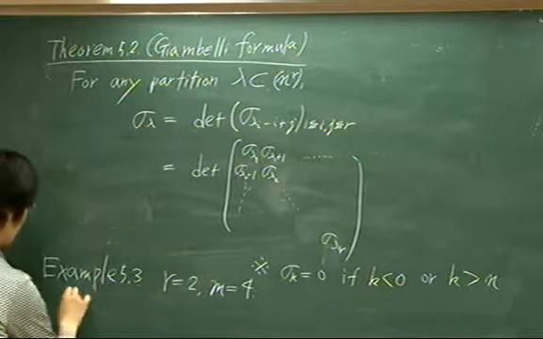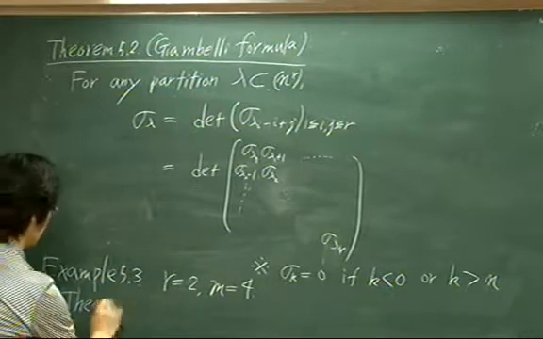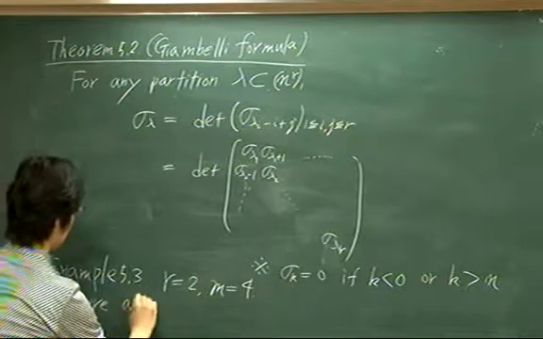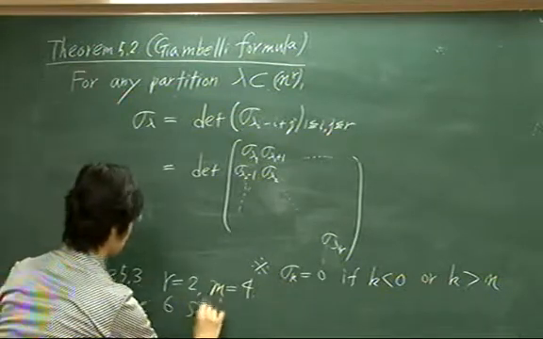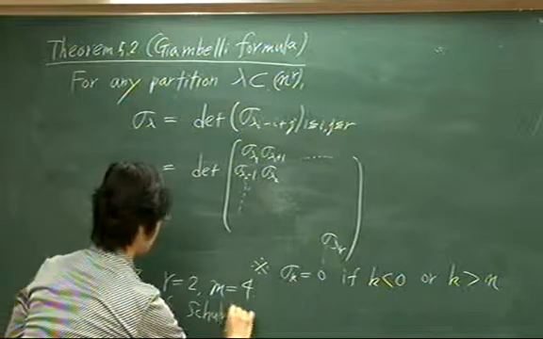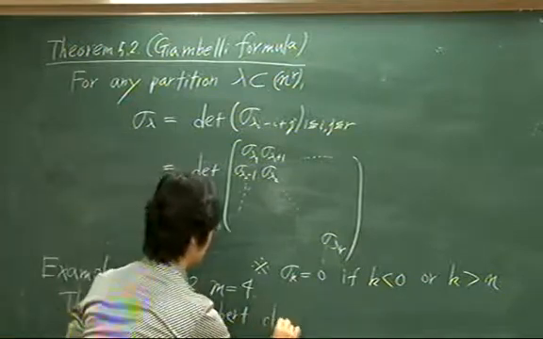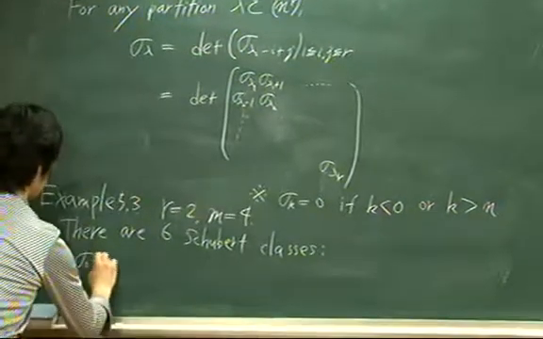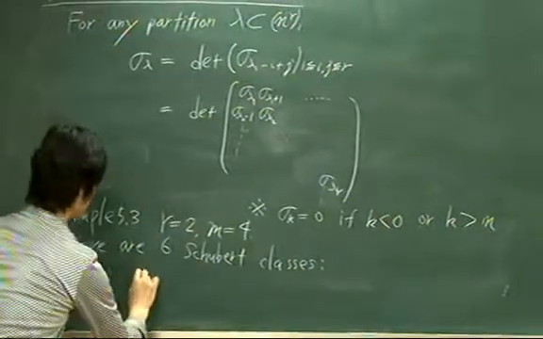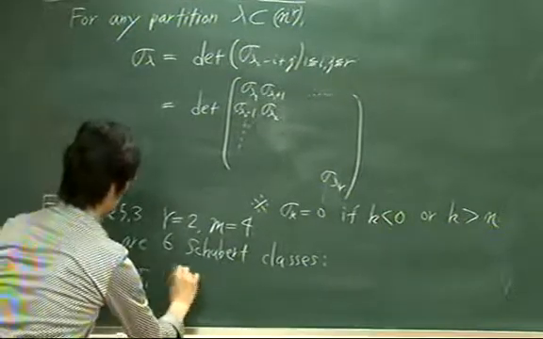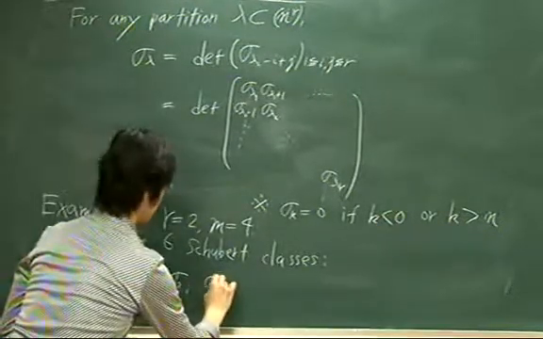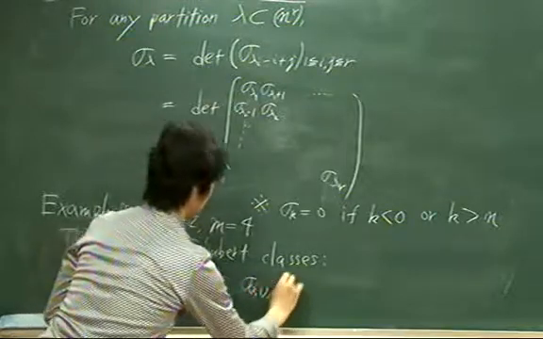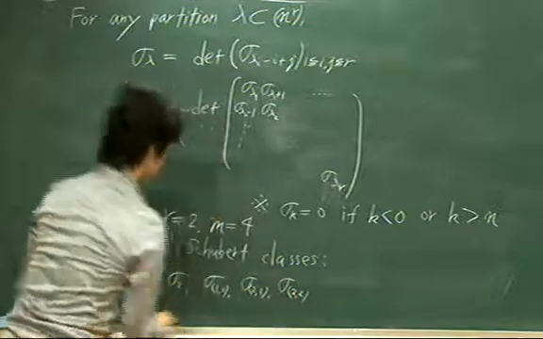In this case, there are six Schubert classes: sigma 0, sigma 1, sigma 2, sigma 1,1, sigma 2,1, sigma 2,2.